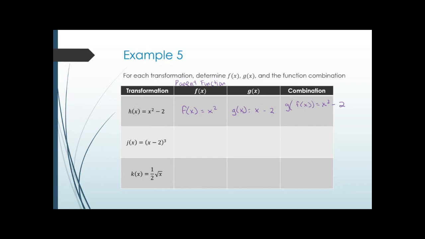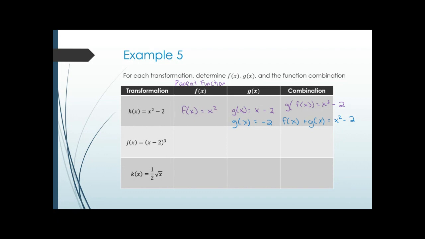Or, if I switch colors, if we say g of x is just going to be negative 2, then this is f of x plus g of x, which gives us x squared minus 2. So you can think of that in 2 different ways. You can think of it that we plugged in something, we did a function composition, or we did a function addition.